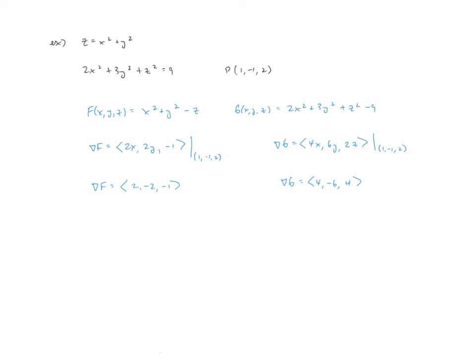So now, if I take both of these and cross them, that's going to give me a new vector. Remember, when we cross two things, we get a new vector. That vector is going to be perpendicular to both the gradient of f and the gradient of g, pointing in the direction that we need for the line of intersection. Remember, the direction vector is needed for the line of intersection. So, gradient of f cross gradient of g.